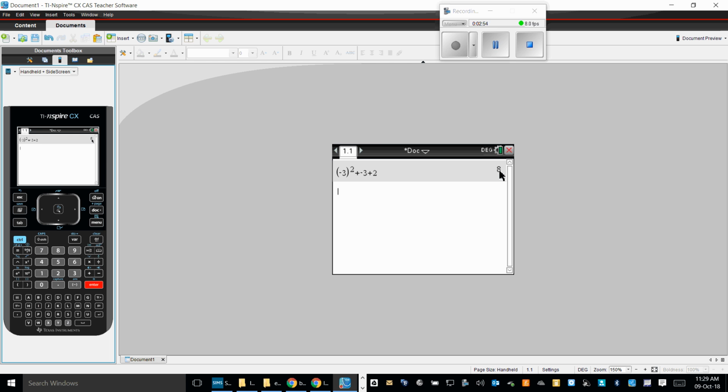Okay, so if we want to copy what we've just done, we just arrow up. If you can see, I'm using my cursor and it highlights it. And then like a computer, you will Control C and then go down to your space and Control V and it pastes it in. Okay?